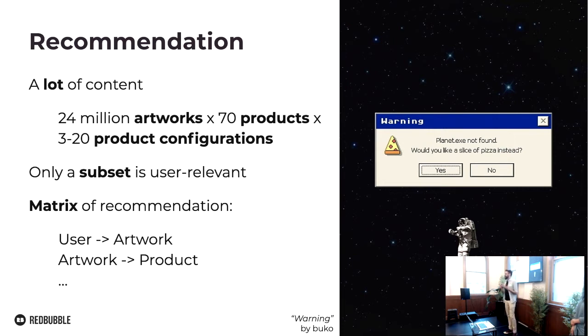Why do we do recommendation? I think that's one of the key questions here, and it's basically because we have a lot of content. When you multiply 24 million artworks, 70 products, and up to 20 product configurations, it's tricky to recommend 33.6 billion different combinations to users, and users have a hard time evaluating all of that manually.